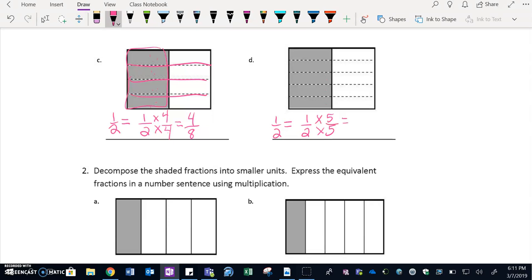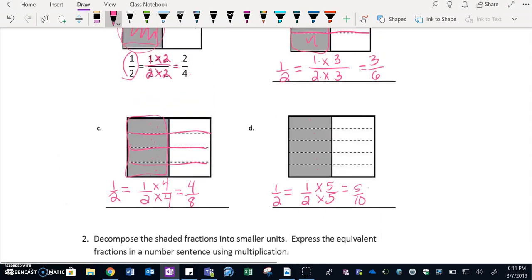And we'll see what we have left. So we're increasing the pieces by 5. So 1 times 5 is 5. Oops. 2 times 5 is 10. So if I compared 1, 2, 3, 4, 5 out of 10 total, that does equal 5/10.